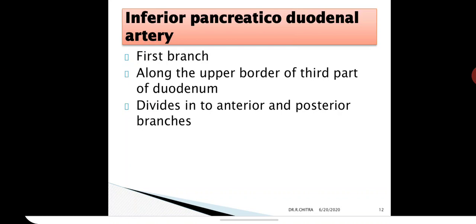So this first branch passes along the upper border of the third part of the duodenum, divides into anterior and posterior branches, and anastomoses with the same branches of the superior pancreaticoduodenal artery.